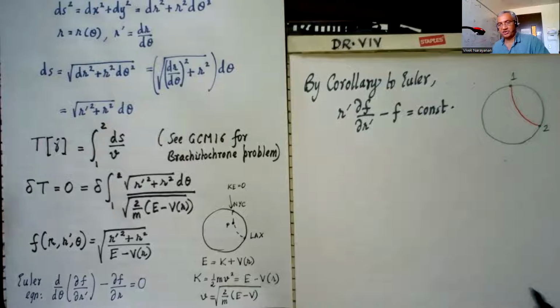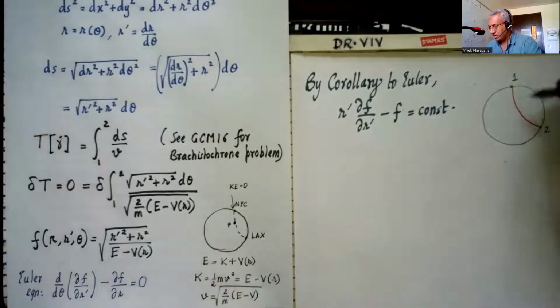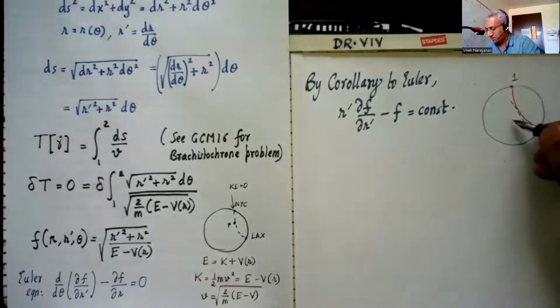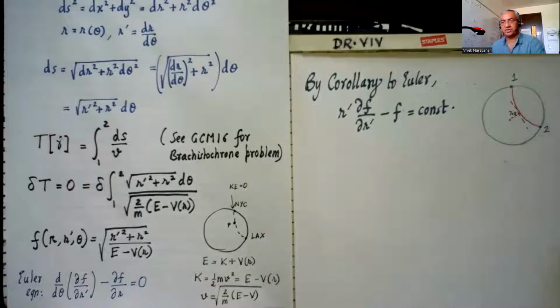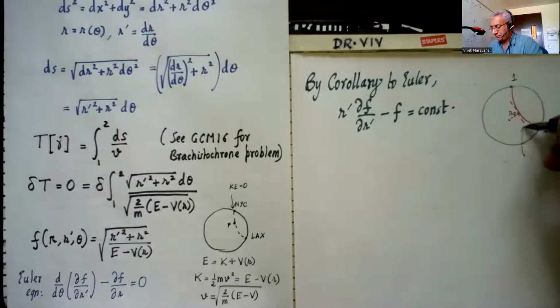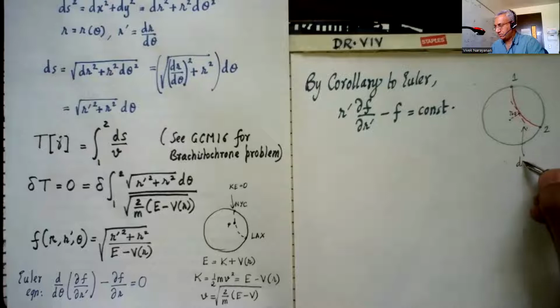You notice that at the closest point, if we call this distance R0, the distance between the center of the Earth and the bottom of the tunnel, then the rate of change of r with respect to theta is 0.